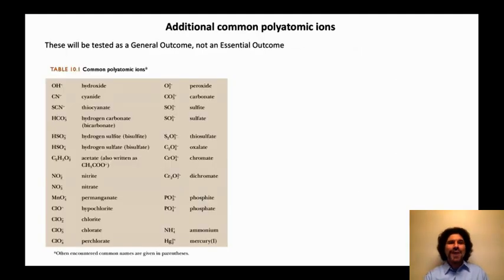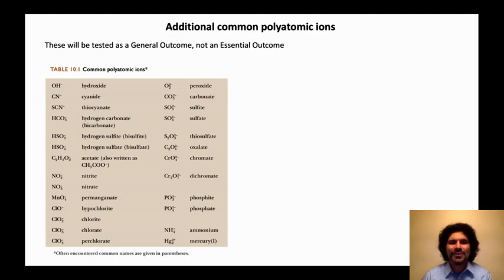Okay, so then the rest of the polyatomic ions on this list will only be tested as a general outcome, not as an essential outcome. So again, we've got our essentials that are all on this list, but other ones that we encounter are cyanide, and you've probably heard of some of these in the course of your general scientific knowledge. Thiocyanate, okay, bicarbonate is there. It's also called hydrogen carbonate, but that is just not used very much.